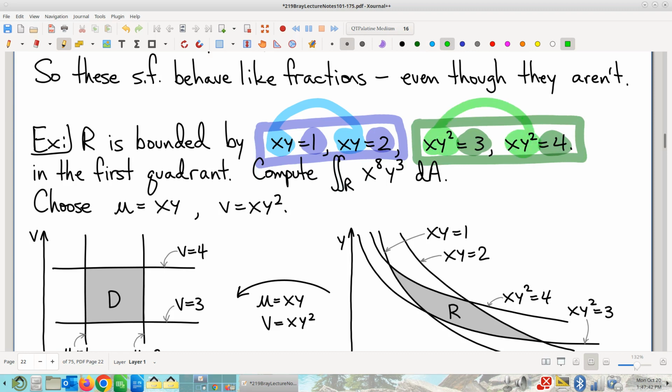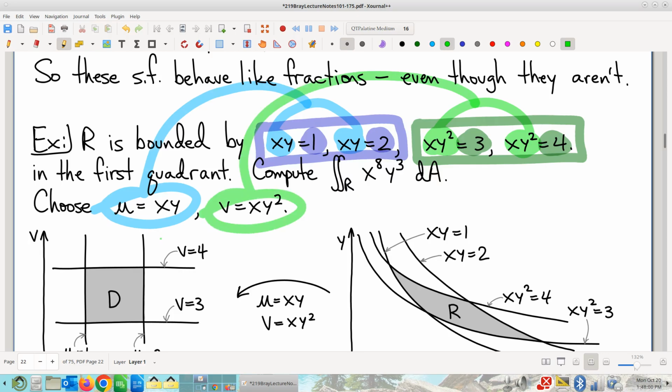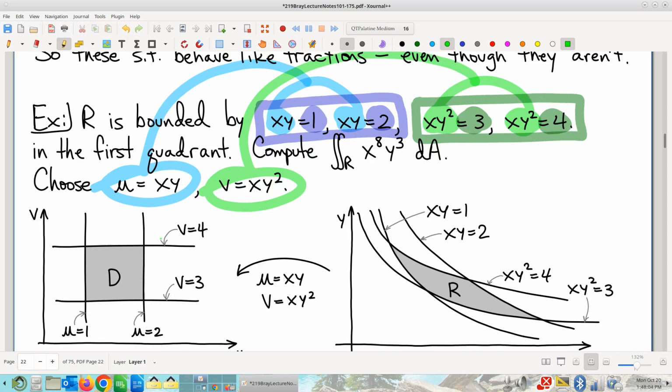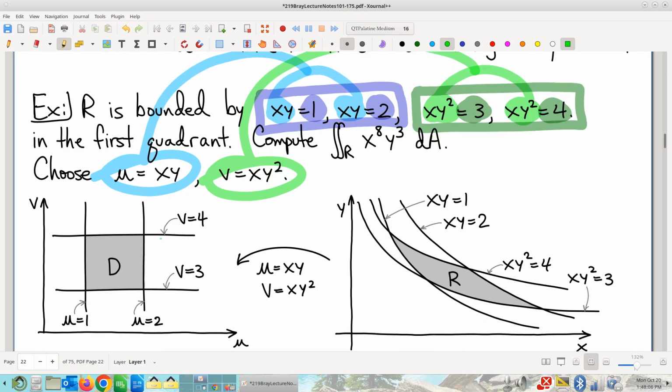All right, so that's what we've got here. We've got 2 sets of 2 level sets, for 2 functions. Here's the move. This is what is going to make this work great. You call the first function U. You call the second one V. And great things are going to happen. You can almost see this coming.